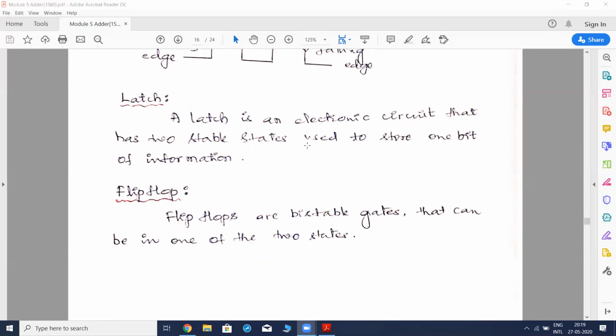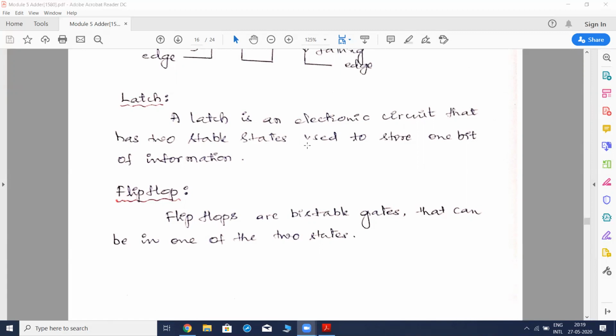To show 0 it should have one state, and to show 1 it should have one more state. So a latch is such a device. It's an electronic device that has two stable states, and with those two stable states, it can store one bit of information.